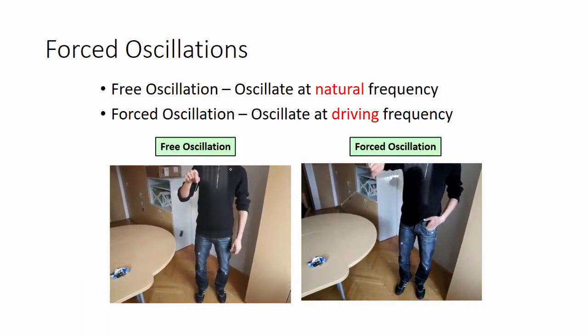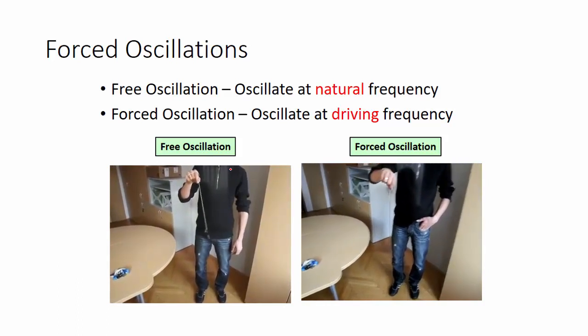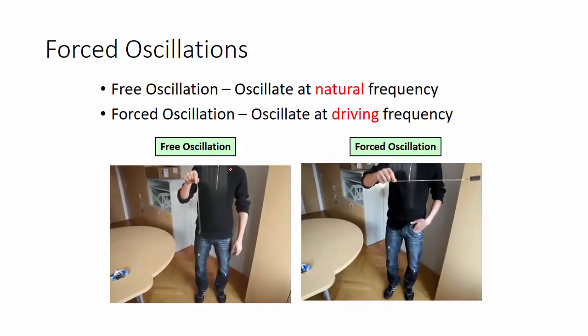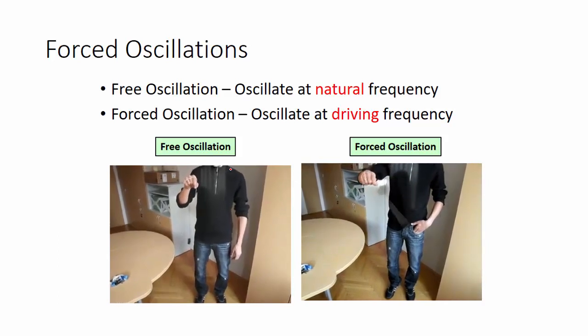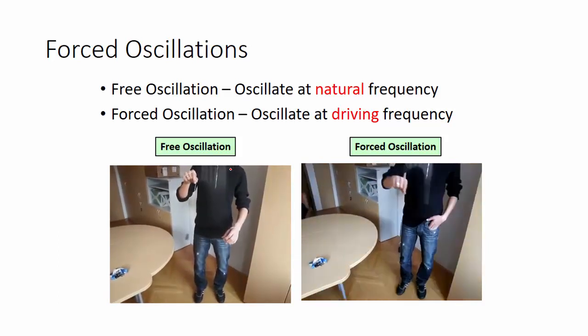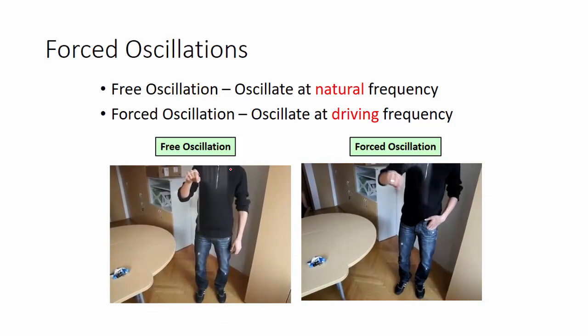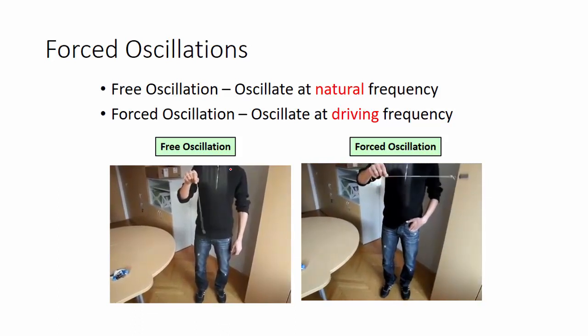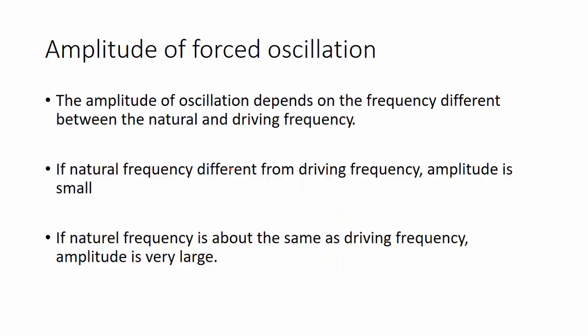Compare the two. The left is free oscillation without an external driving frequency. On the right, you have forced oscillation where the hand is providing the driving force at a certain frequency.